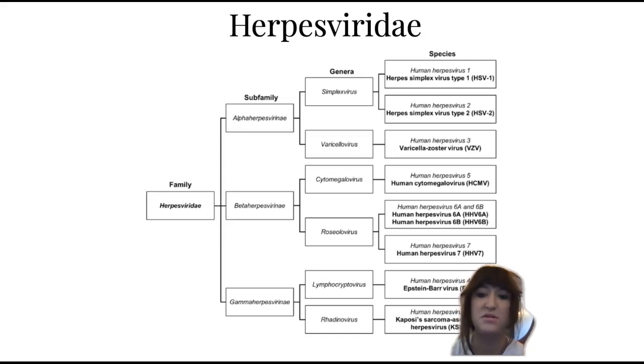Varicella zoster virus is also known as human herpes virus 3 and is the causative agent for chickenpox. The members of the alpha subfamily are characterized by extremely short replication cycles, prompt destruction of host cells, and the ability to replicate in a wide variety of host tissue.